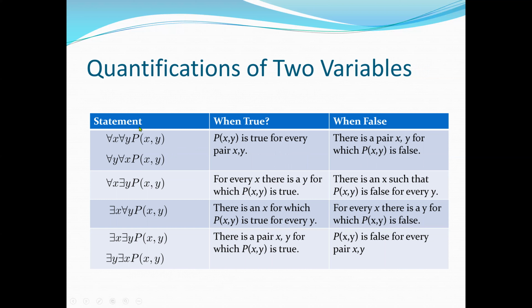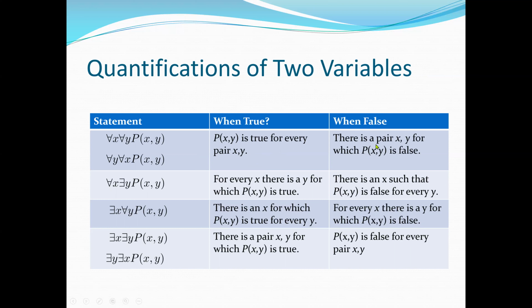So here we have our statement, and we're going to check when it's true and also when it's false. So let's see the first statement here. We say all x and all y, P(x, y), or all y, all x, P(x, y). And we say that P(x, y) is true for every pair x, y. For here we are using all x and y.